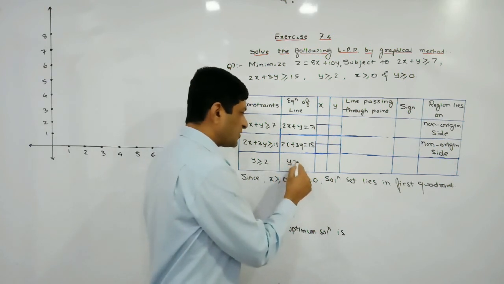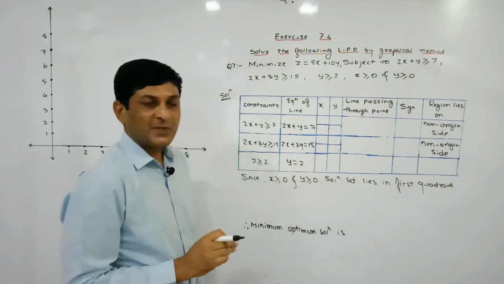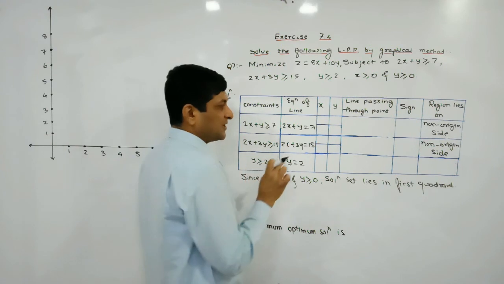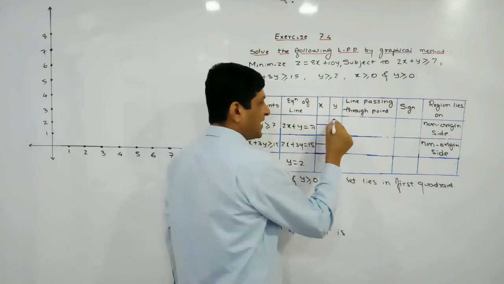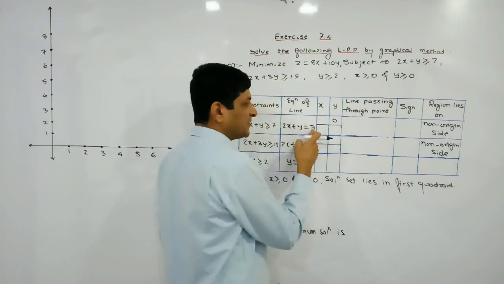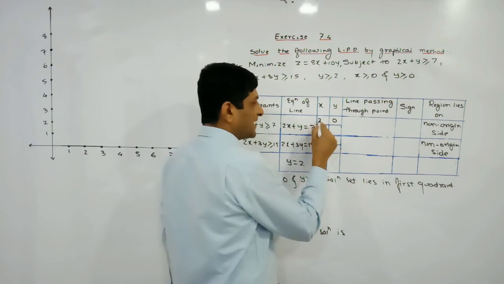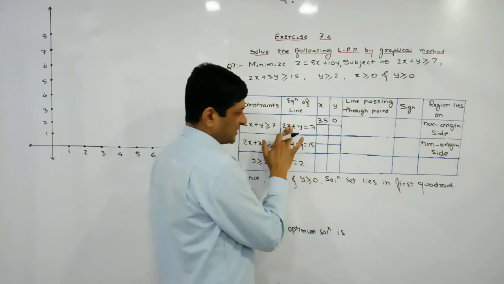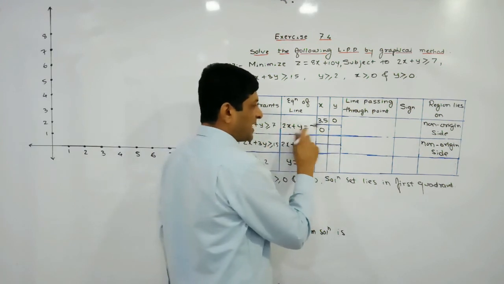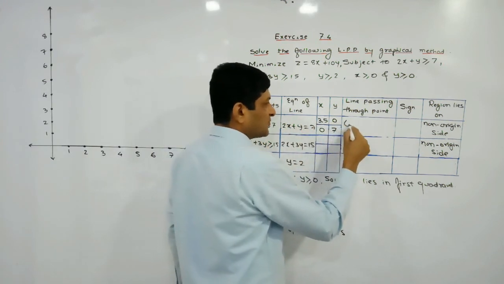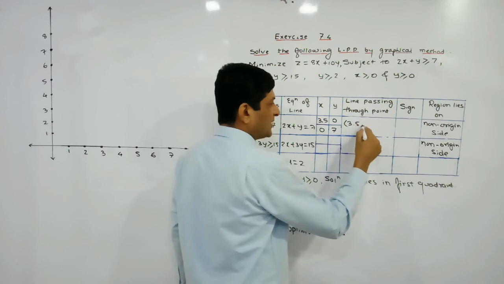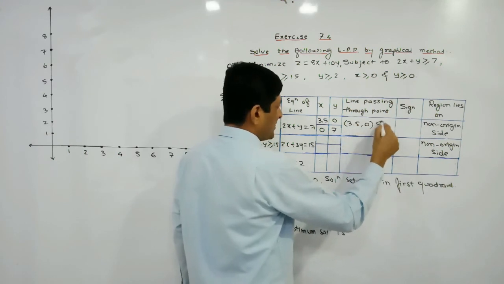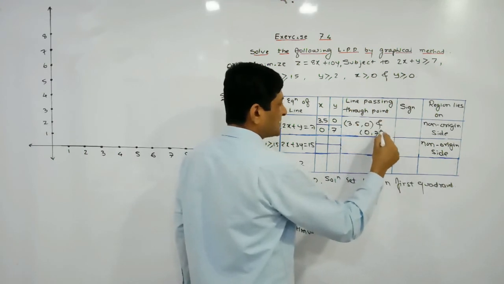Now find the coordinates of 2 points on the first line. If I substitute y equal to 0, 2x is equal to 7, which implies x is equal to 7 by 2, that is 3.5. If I substitute x equal to 0, then y will be equal to 7. In this way we have got the coordinates of 2 points on this line: 3.5, 0 and 0, 7.